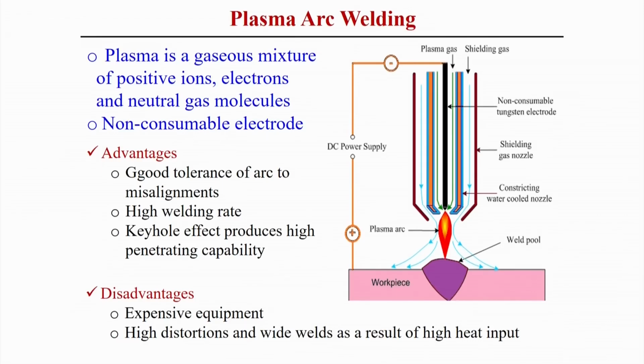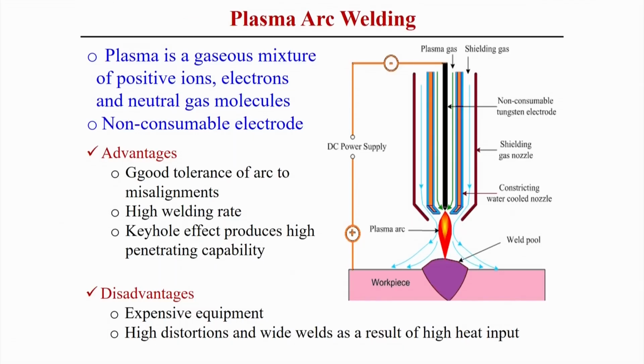So, basically, when current passes through the electrode, it creates the pilot arc, and after that it creates the arc due to the passing of the plasma gas, and then high temperature is created, and finally it creates the plasma arc between the nozzle tip and the workpiece material.